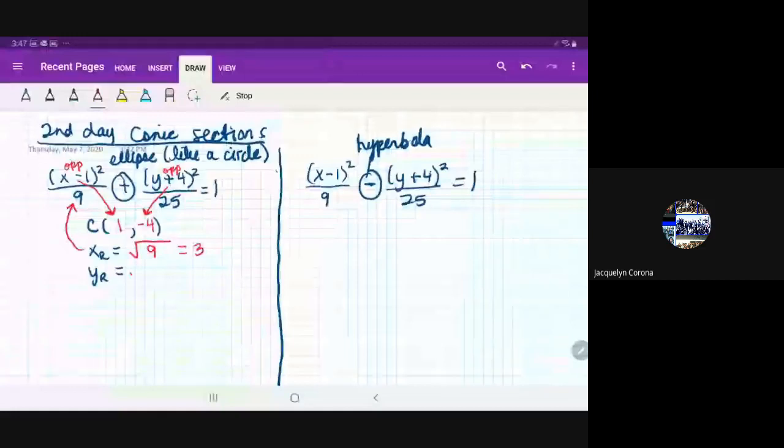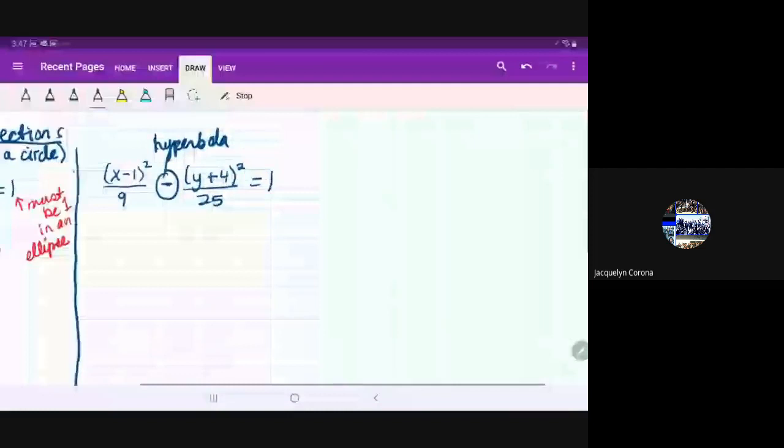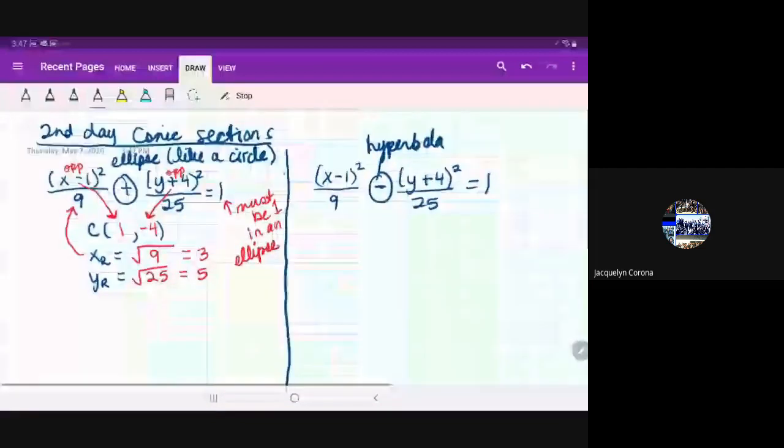For the y radius, you're going to take the square root of the 25, and that's 5. And this must be 1 in an ellipse. So we're going to see how we can change things into these formats, and when we change things into the formats, we'll have to get a 1 there.